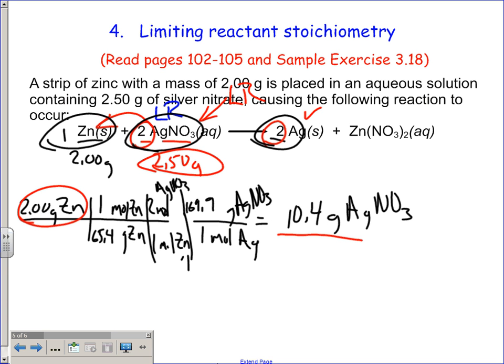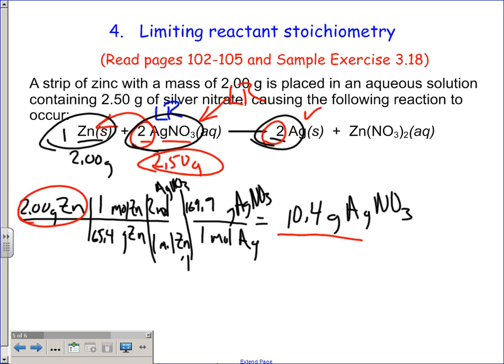The other thing it does for you is if you're doing an excess reactant problem, if I had guessed right and had started with the limiting reactant, which in this case I didn't because the limiting reactant turned out to be silver nitrate, you would actually be predicting how much zinc would be consumed. And then you could subtract that from the 2.00 and you would find out how much zinc is left. Otherwise, we'd have to do an extra math problem.